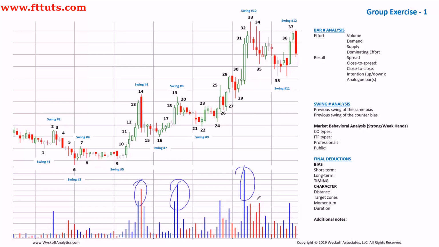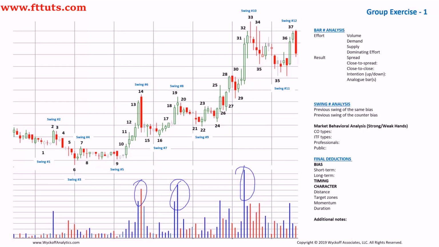So this is where they usually scale out, take profits, and then, if distribution is going to happen, you're going to see it in a specific way, right? You're going to see the increase of the supply signature, the consistency of the supply, and the result actually following that increase of effort to the downside. But yes, CO definitely would try to sell in the points of excitement because points of excitement always provide that liquidity.